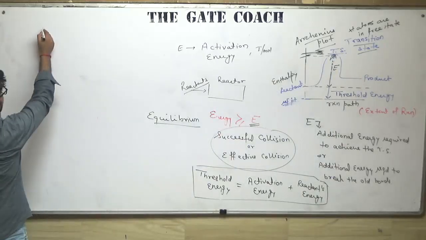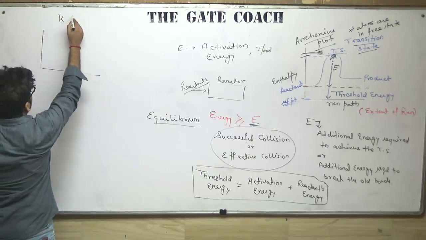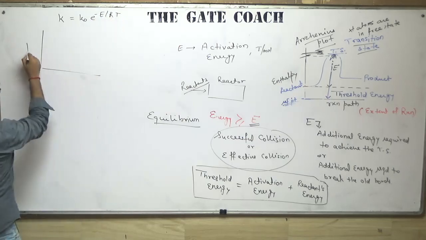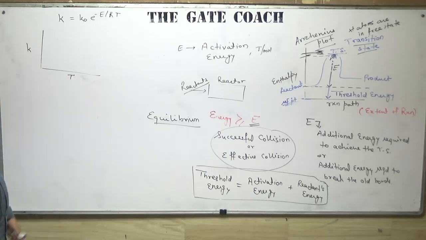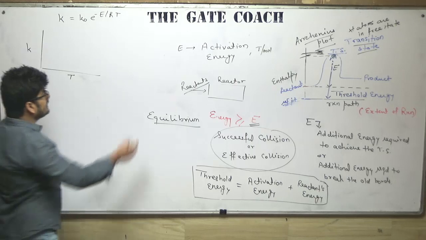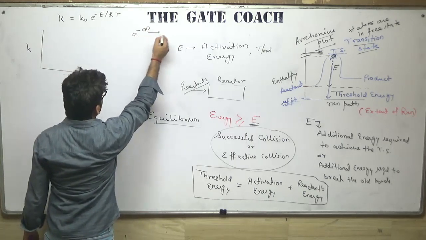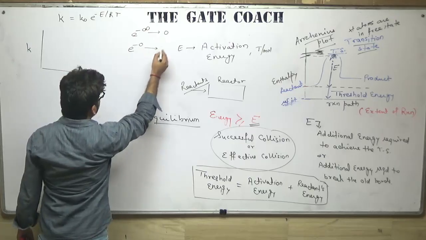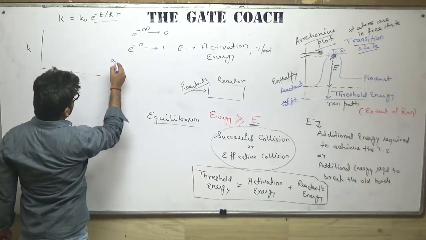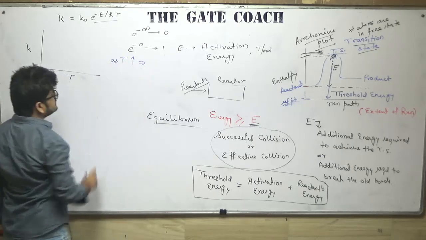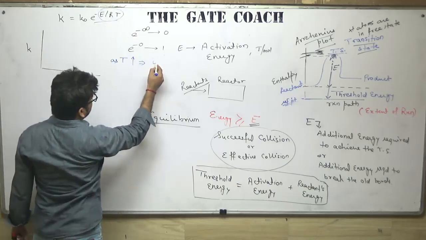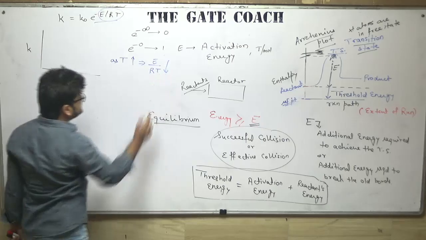Now, according to Arrhenius theory, we know that K is equal to K naught e to the power minus E by RT. So guys, as we can see, K will change exponentially with the temperature. Okay, I hope all of you know that e to the power minus infinity is 0 and e to the power minus 0 means 1. So here, if we increase the temperature, then you can see that the value of this ratio E by RT decreases.